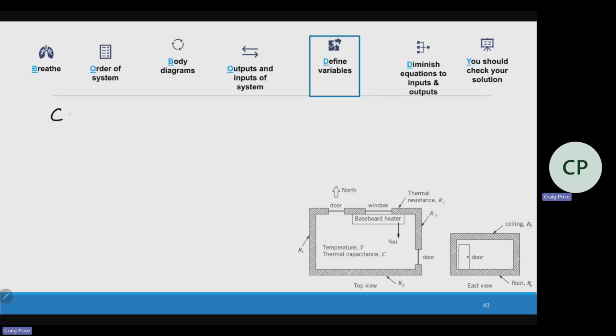So C T dot is equal to the sum of m dot in Cp T in minus m dot out Cp T out, plus the sum of Q in minus the sum of Q out.